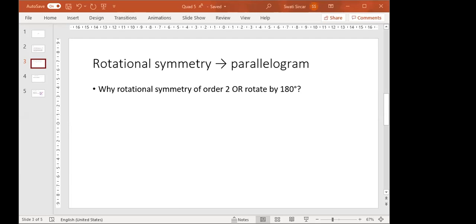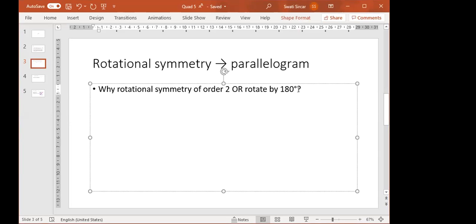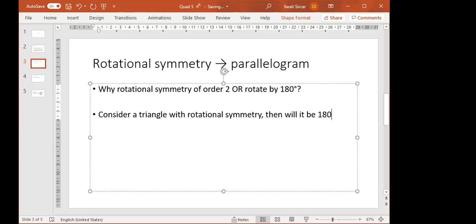So let me break this down a bit. Consider a triangle with rotational symmetry. Then will it be 180 degrees?